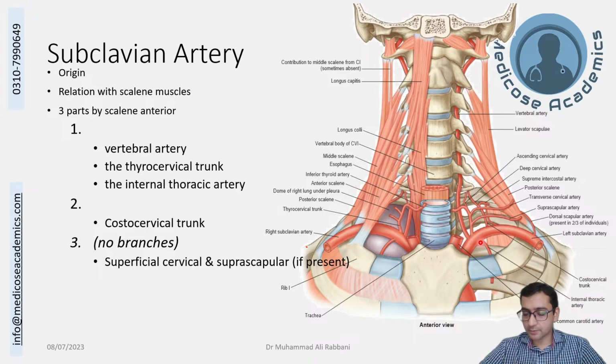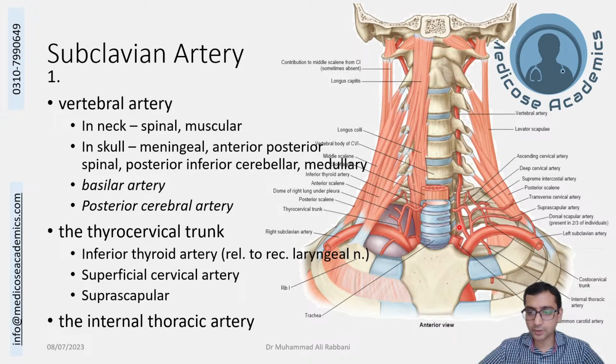I won't be discussing the internal thoracic artery in much detail, but let me give you a very brief preview. It originates and goes down behind the costal cartilages, moving down parallel and lateral to the sternum, supplying the anterior intercostal arteries and the anterior perforating branches, and it will go down to the sixth space, and then bifurcate into the musculophrenic and superior epigastric arteries. This artery has the internal mammary group of lymph nodes along with it, and it is the artery used for coronary bypass surgery.